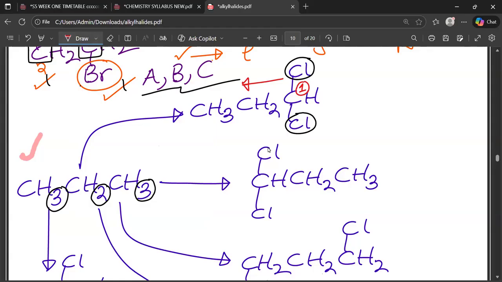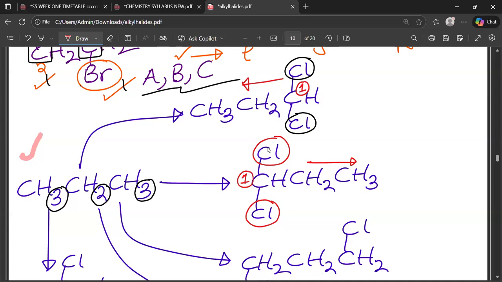So that we prioritize position number 1. Very important. Because here there are 2 of them on the same carbon, which is the first one, we shall follow that direction.